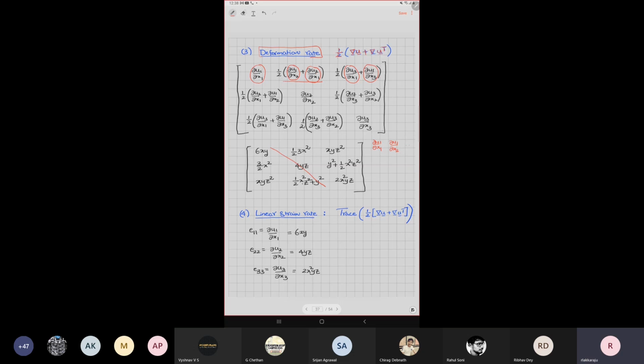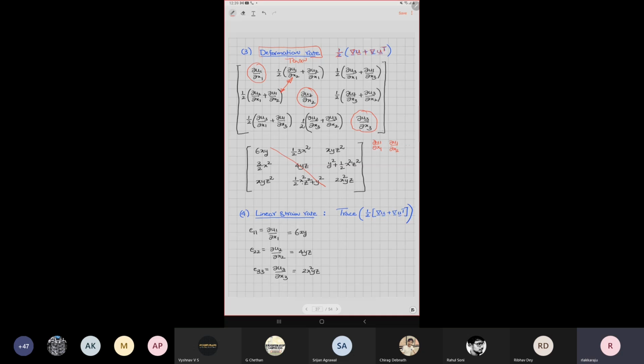If we repeat that process carefully, what we are going to get is the deformation rate tensor with del u1 by del x1, del u2 by del x2, del u3 by del x3 at the diagonal elements. And off-diagonal elements, you always have a kind of repetition.